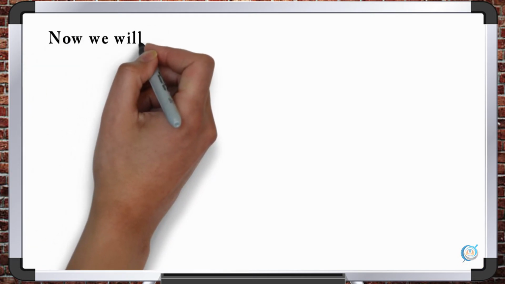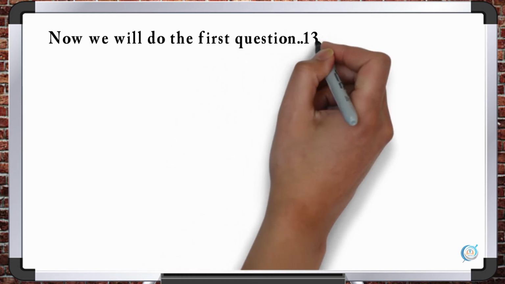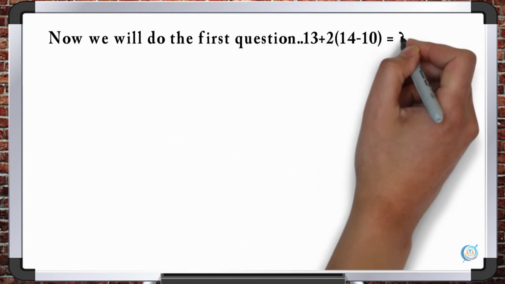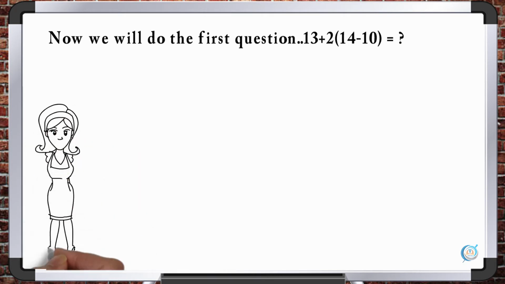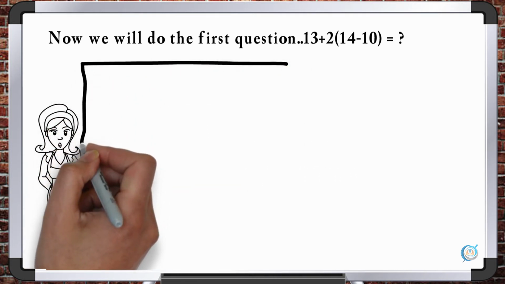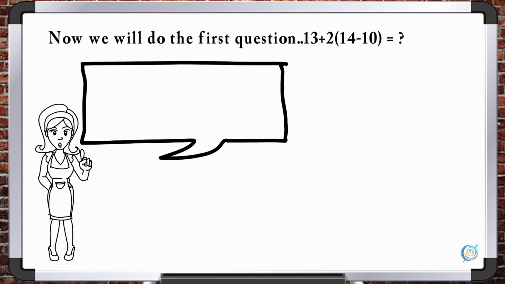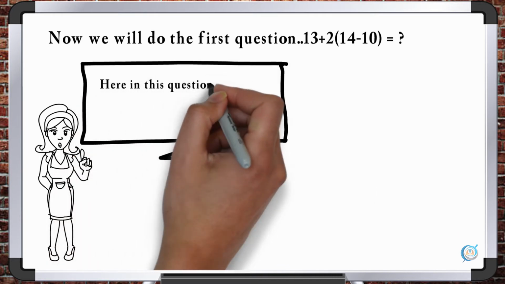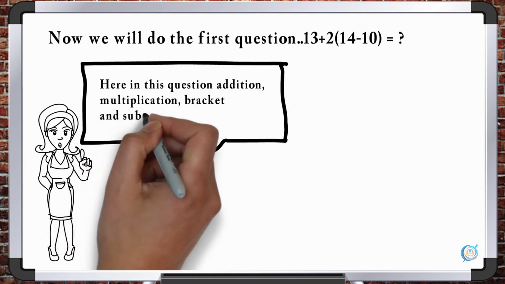Now we'll go through the question which was asked first. That is 13 plus 2 into 14 minus 10. We got two answers before. Now we'll check which answer is the correct one. So here in this question, addition is given, multiplication is given, bracket and subtraction is given.